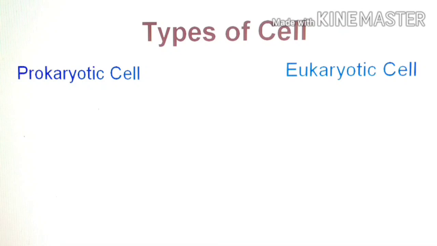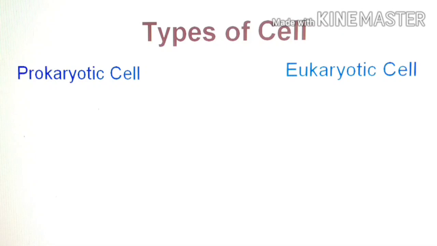Now, what is the difference between the prokaryotic and eukaryotic cell? As I already showed you the structure of the nucleus, on the basis of the nucleus the cells are of two types.